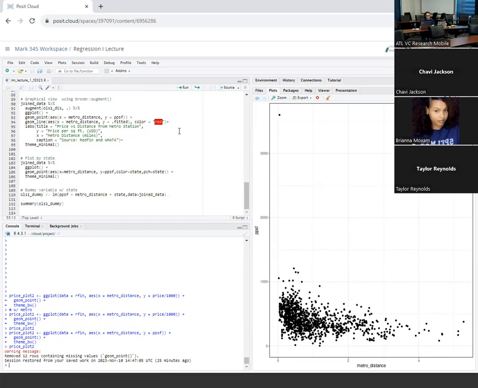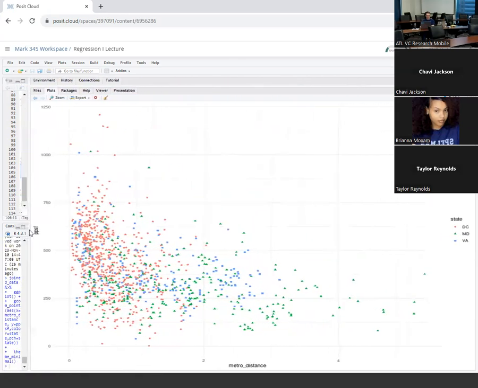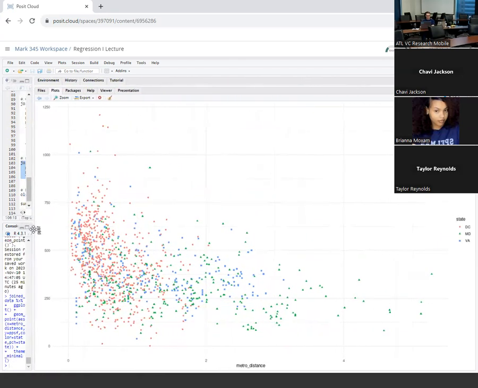So what I wanted to do is plot the data where we look at it relative to its location. Does that come out okay for you guys? Yes. Okay.